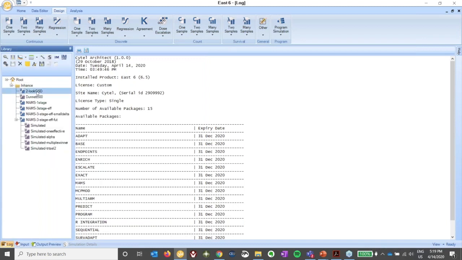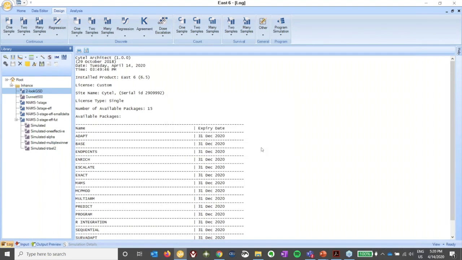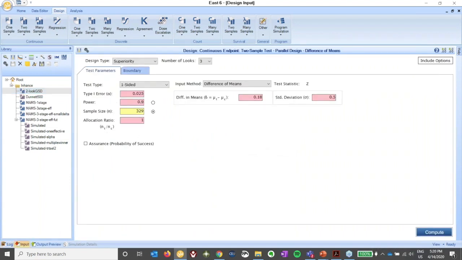So the first attempt on this is going to be done by trying initially a standard group sequential design, which only has 2 arms and 3 looks. By selecting the group sequential design for superiority with 3 looks, we are powering the study for an alpha of 0.025, 90% power, a difference of means of 0.18, which was one of the differences that we're looking at, and the standard deviation of 0.5.